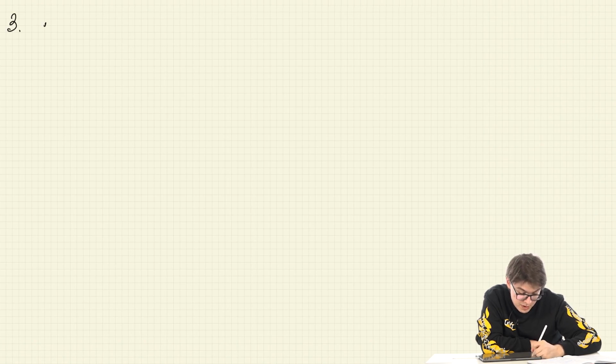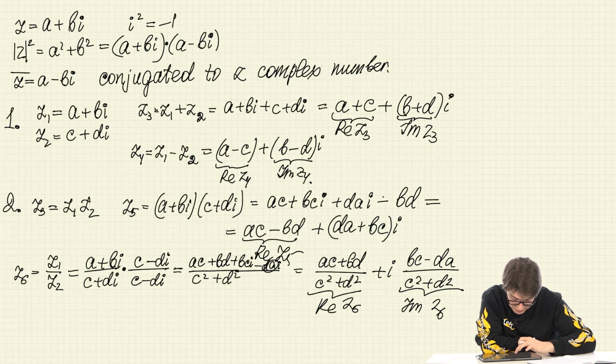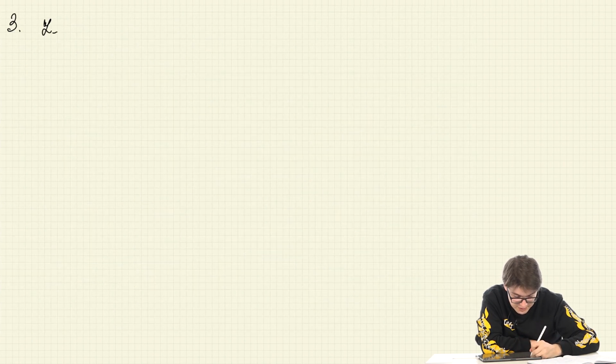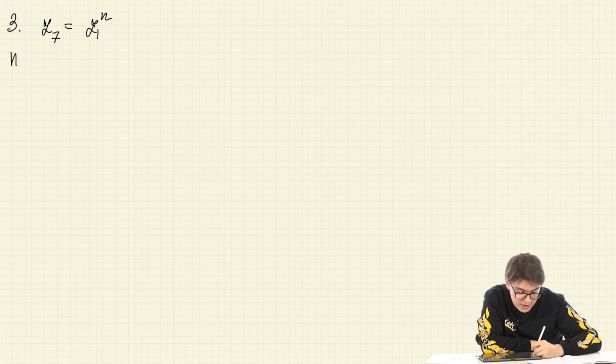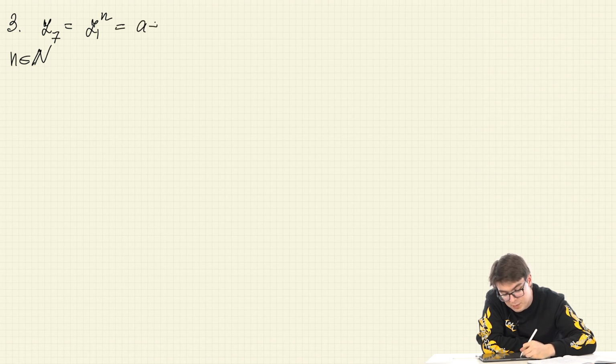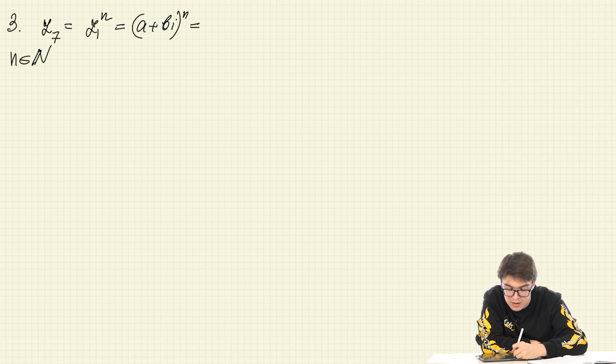If we want to write the expression with a power, it would be z7, yeah, z in the power of n, where n is a natural number: a plus bi in the power of n.